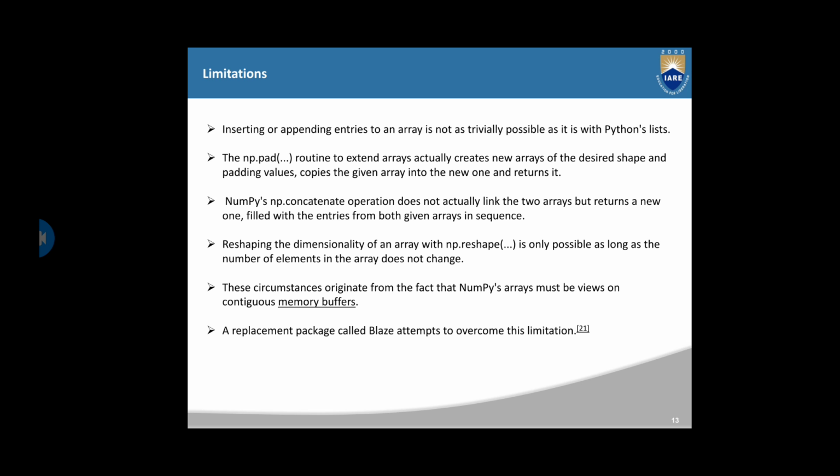Reshaping the dimensionality of an array with np.reshape is only possible as long as the number of elements in the array does not change. These circumstances originate from the fact that NumPy's arrays must be views on contiguous memory buffers. A replacement package called Blaze attempts to overcome this limitation.